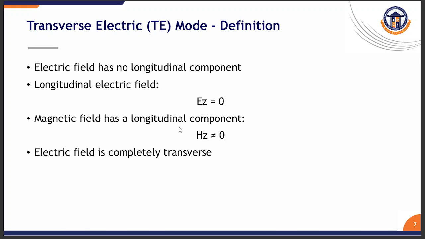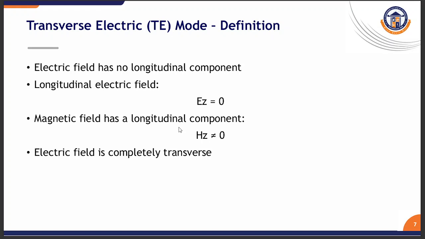In the transverse electric mode, or TE mode, the defining characteristic is that the electric field has no component along the direction of propagation. If the wave is assumed to propagate along the z-axis, then the longitudinal electric field component is zero, while the magnetic field does have a longitudinal component.